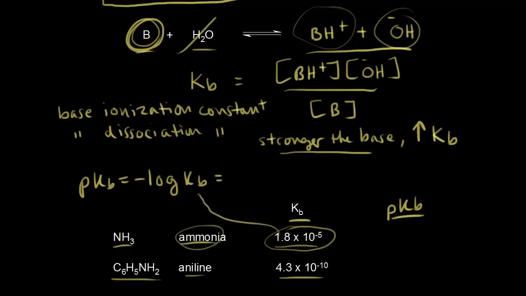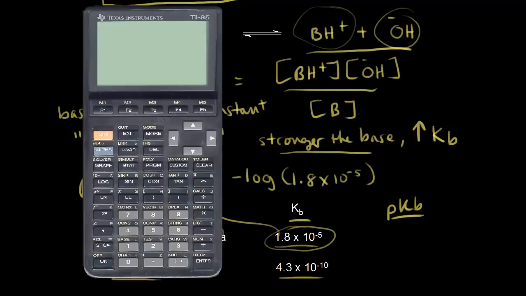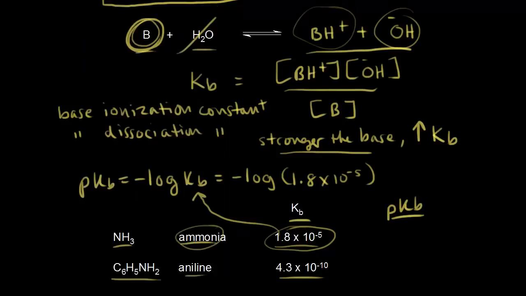All we'd have to do is plug in the Kb value, and so the pKb would be equal to the negative log of 1.8 times 10 to the -5. And so let's get out the calculator here and do the problem. Negative log of 1.8 times 10 to the -5. And so we get 4.74 here. So the pKb for ammonia is 4.74.